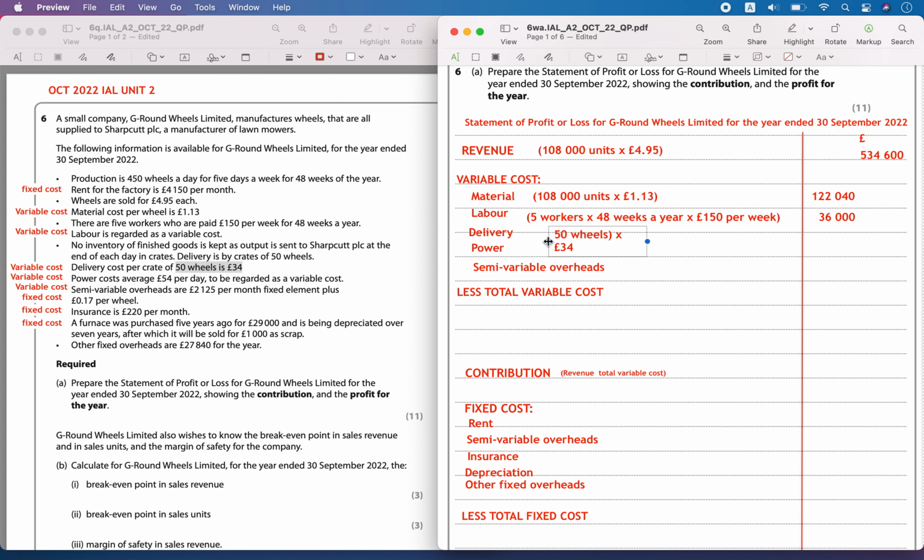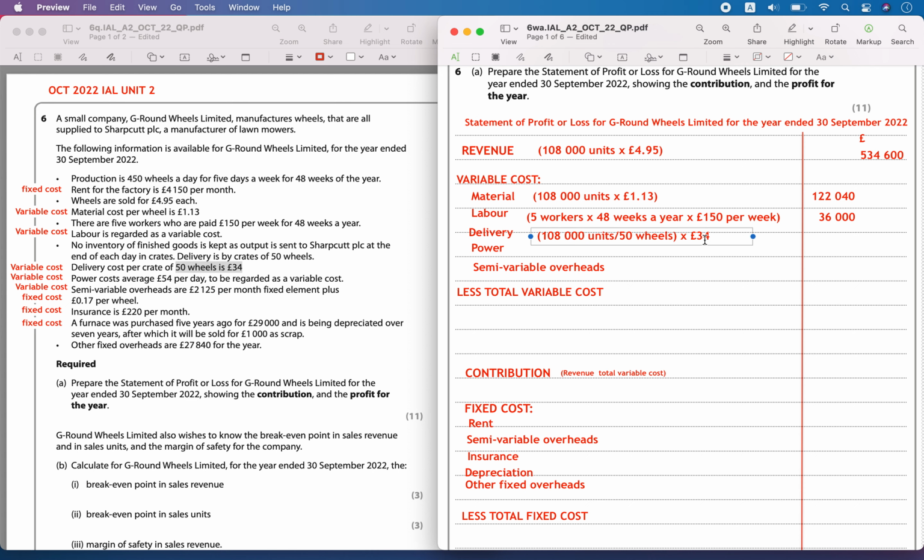If you divide the total quantity into crates of 50 wheels, that many crates are created, and for each of them they will pay at the rate of 34 pounds.